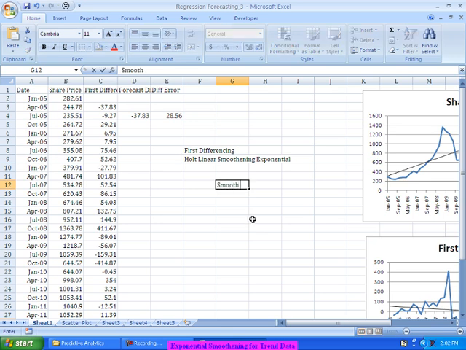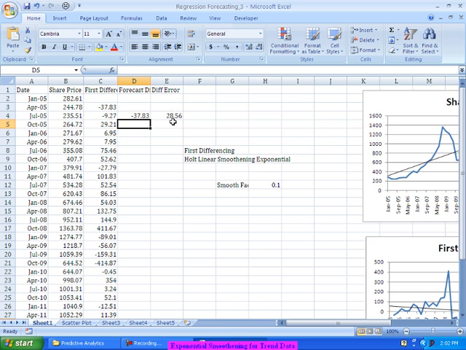I call it the smoothening factor and give some value, let's say 0.1. So this is the 10% weightage which I would give to the error, that is, the error between the actual first difference and the forecasted first difference.